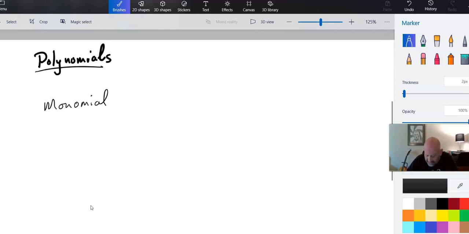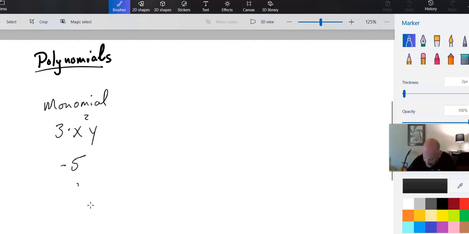What a monomial is, is any expression that is made up of numbers or variables or both that's joined by multiplication, right? And multiplication only. I know there's an exponent in there, but that exponent means x times x, so it's still multiplication. A monomial could also be a number by itself, like -5.